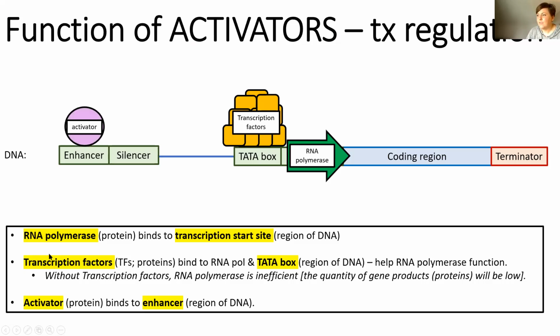Recall that binding of the activator to the enhancer region turns on transcription by activating the pre-initiation complex and enabling RNA polymerase to read this DNA into mRNA. But how it does this is actually pretty incredible. What happens after the activator binds to the enhancer is that this DNA actually bends to enable the activator to physically activate the pre-initiation complex.